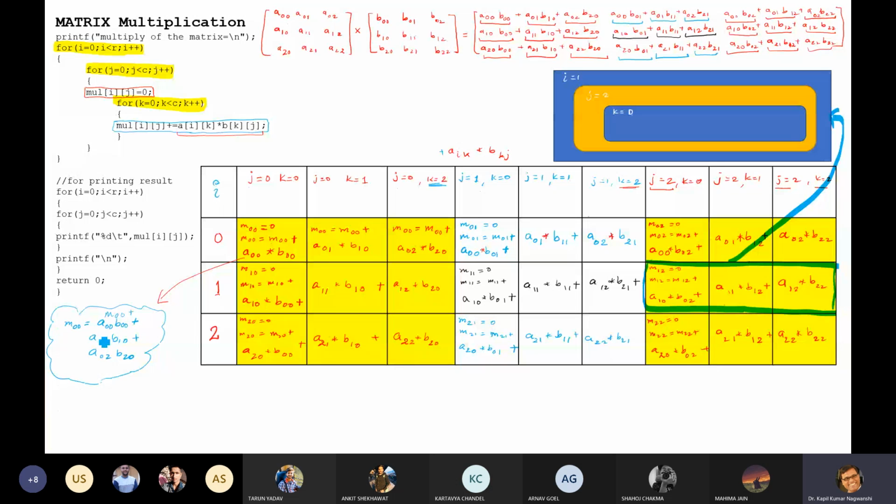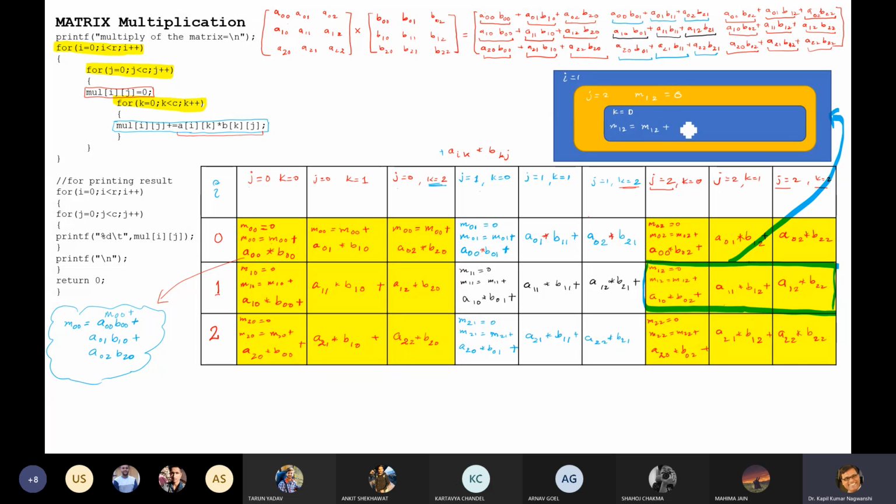For k equals 0 up to j equals 2, what happened? What is the value of m? Multiplication. What is written here? Mij. So what is the value of i? I is 1 and j is 2. That is initialized to 0. Now m12 equals m12 plus this multiplication. Now this plus is given, so that it will automatically store the next value.